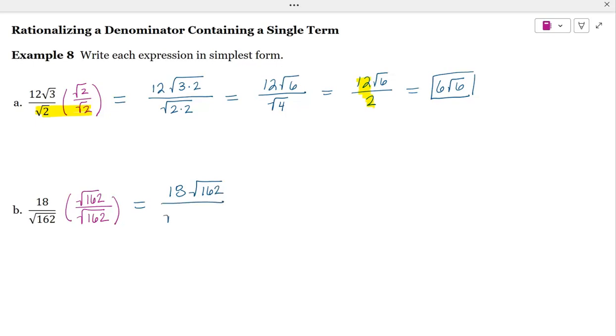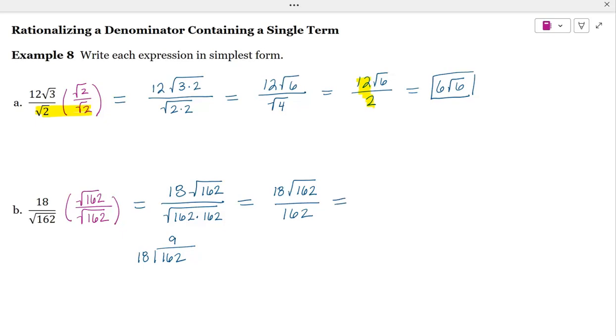And in the denominator, we have the square root of 162 times the square root of 162, which is just 162. Let's see if we can break that down further. Does 18 divide evenly into 162? Let me grab my calculator and check this. Yeah, it goes in 9 times.